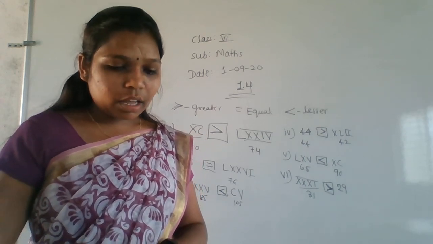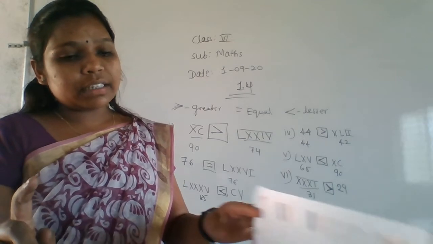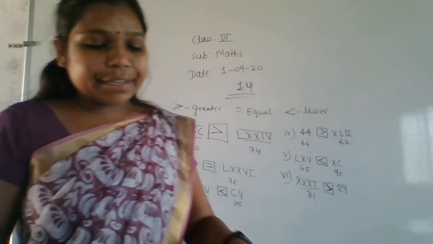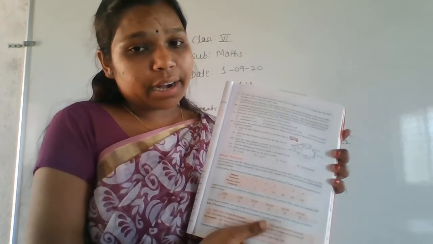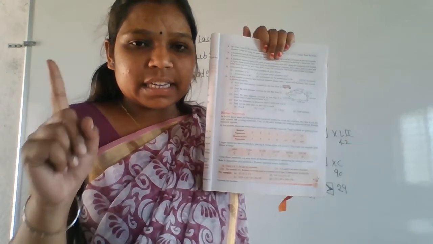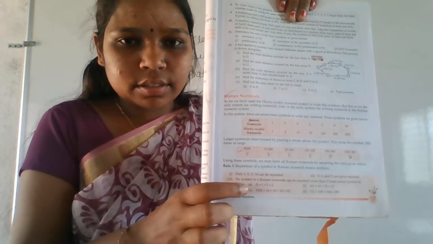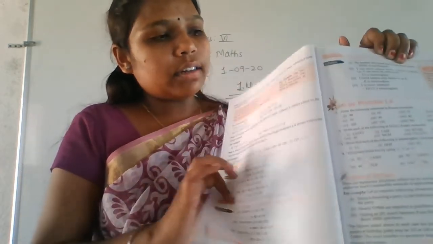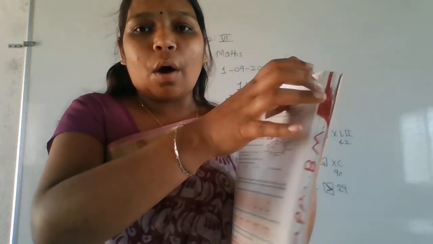Open page number 11, everyone. On page number 11, I told some points that you have to write in CW also and HW also. HW 2 times, CW 1 time. This box and this box, Rule 1. Next, this box, up to that much you have to write.